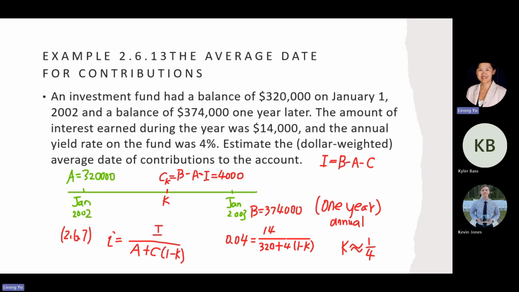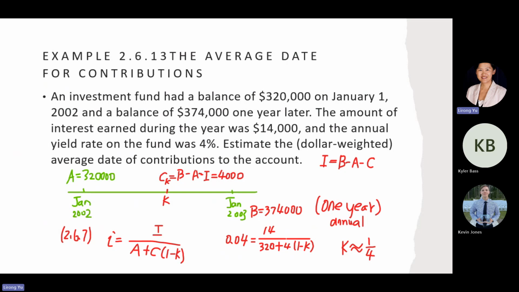Originally we have 320,000, now we have 374,000. So we can calculate the interest using the interest rate.